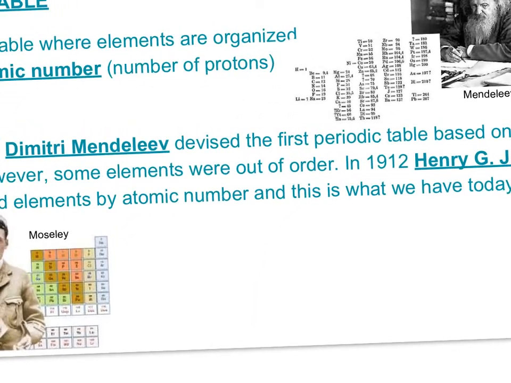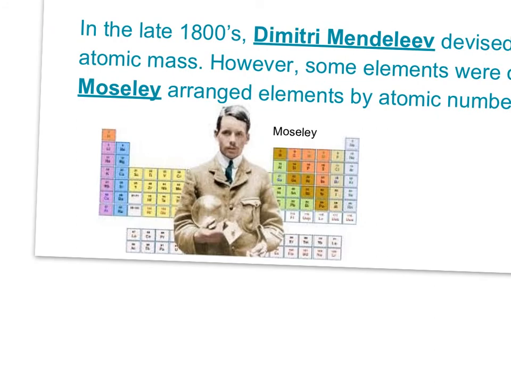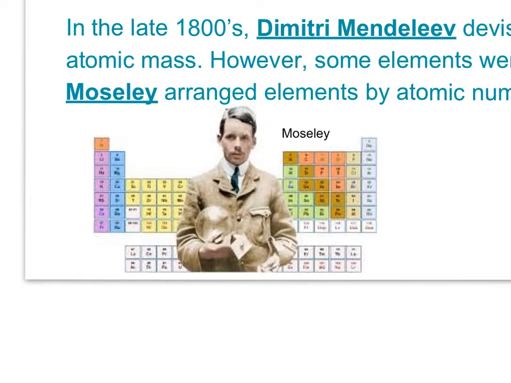Here we go. And then here's Moseley's periodic table, this is the one that we're all familiar with. So he's got everything in the columns, in the rows, the way we know it. These little groups you are familiar with already. So this is much more what we are used to seeing.